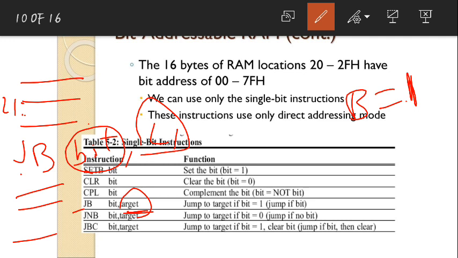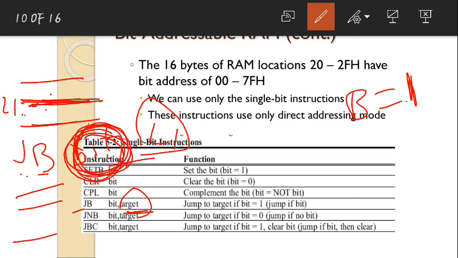That means the controller will go to the second line, and again the second line will be executed, then the third line, and again this jump bit will check the bit. If there is a set bit, whatever bit you have written, if there is 1, then again it will jump. It keeps doing this as long as you have 1 in this bit.